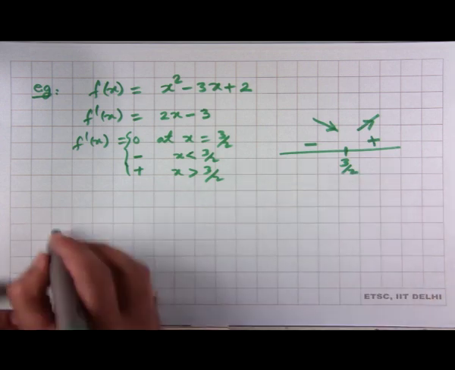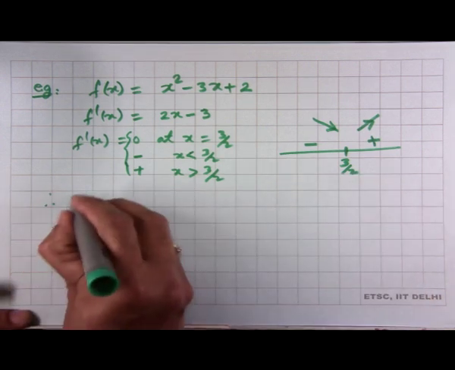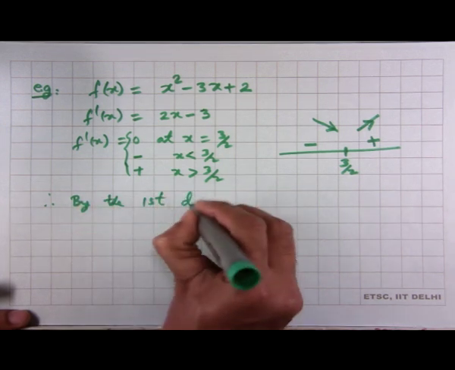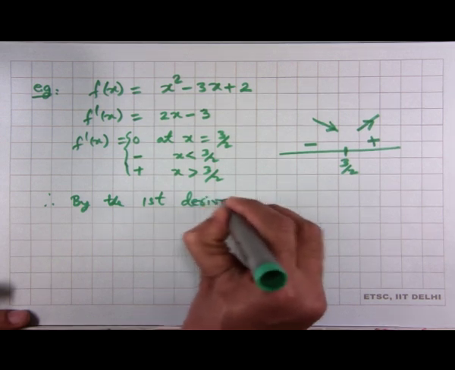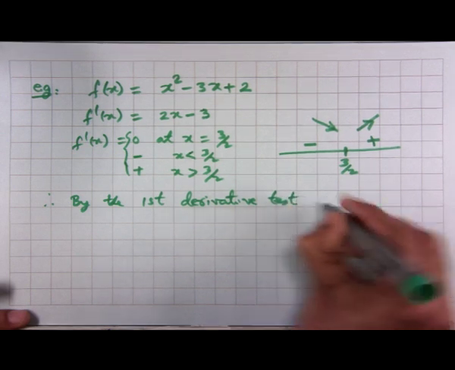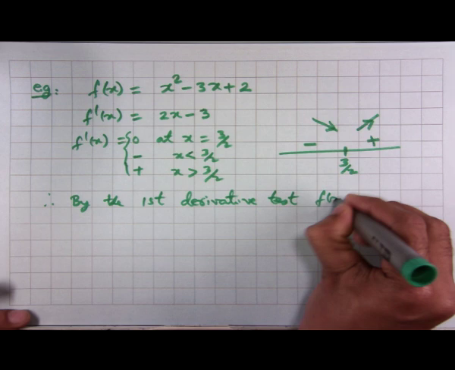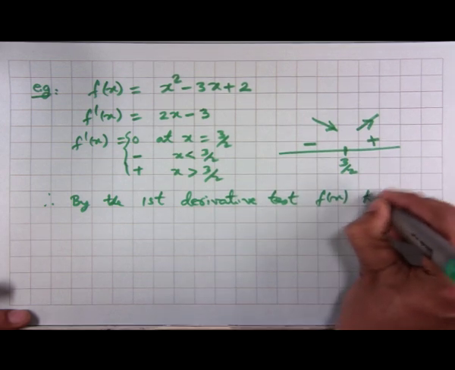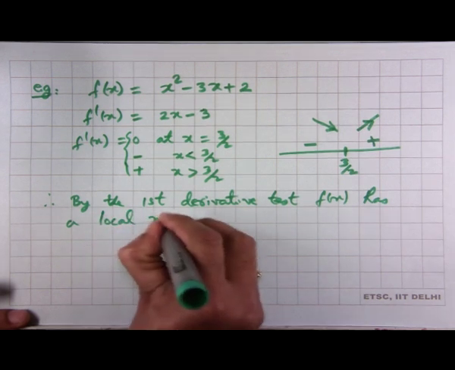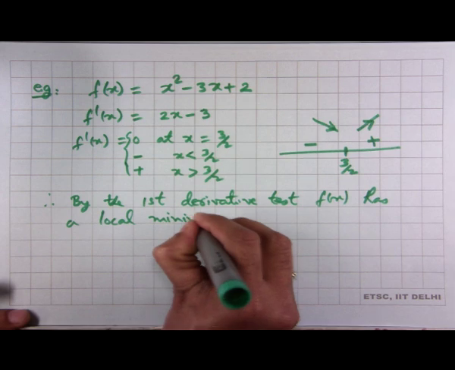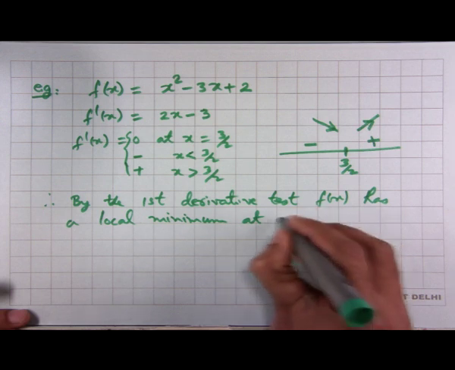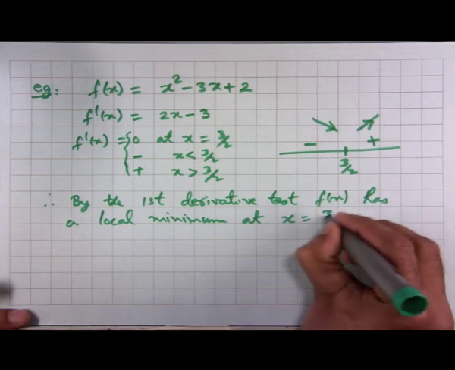Therefore, by the first derivative test, f of x has a local minimum at x equal to 3 by 2.